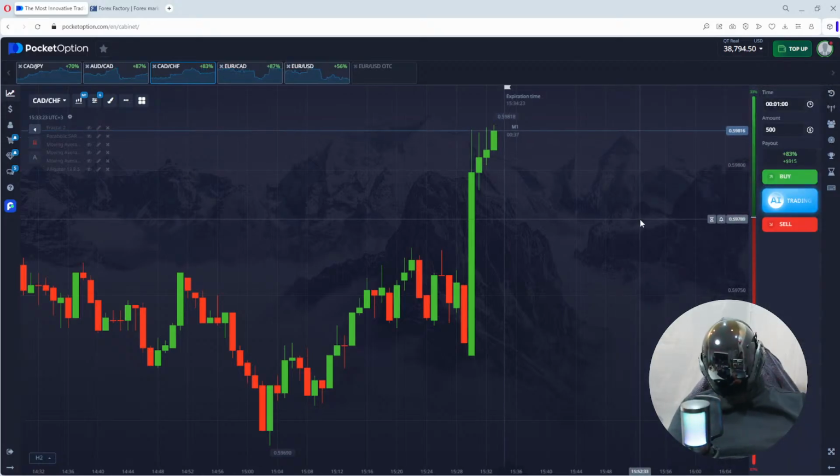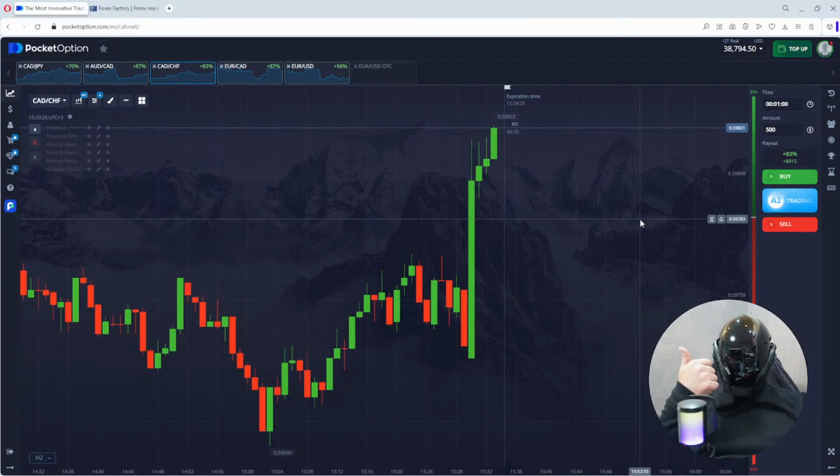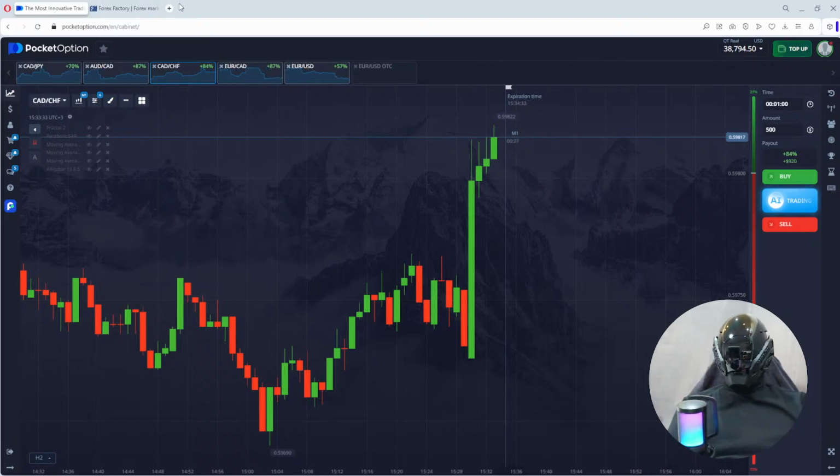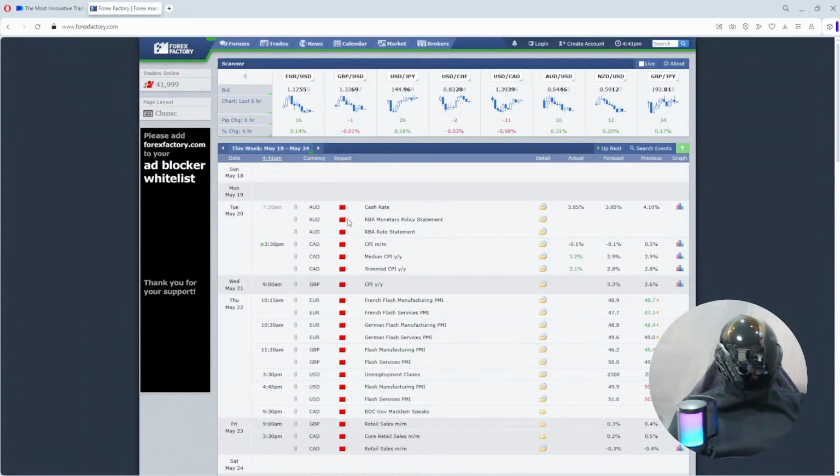I love this. NFP, CPI, PMIs, even some of the PPIs, are these acronyms that are in any Forex calendar, you know, my dear friends, exactly right down to the second when they're going to create an impulse.